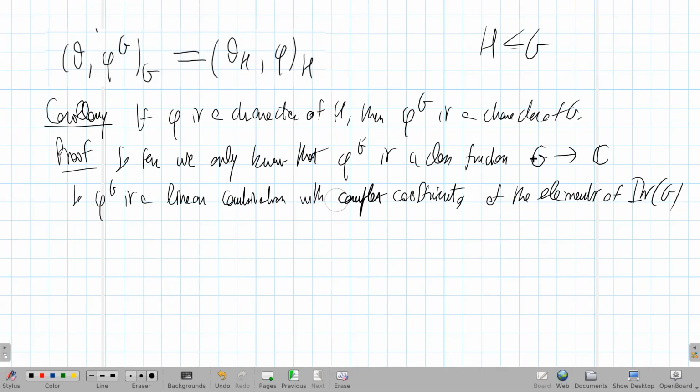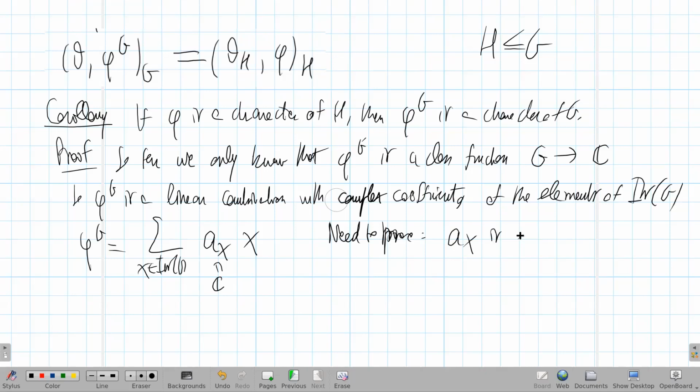And we know that the number of conjugacy classes is the same as the number of irreducible characters. The irreducible characters are orthogonal with respect to the inner product, and so they form exactly a basis of this space of class functions. So phi G is a sum of irreducible characters, but these coefficients so far are elements of C. What do we want to prove? We need to prove that each coefficient is a non-negative integer.